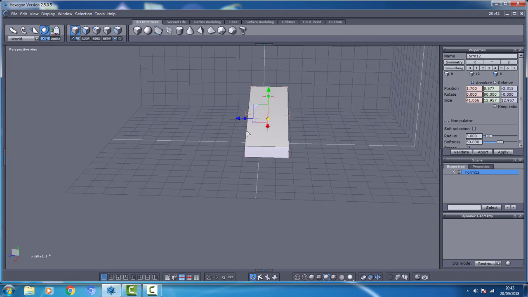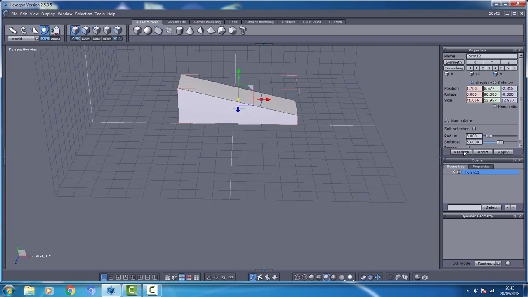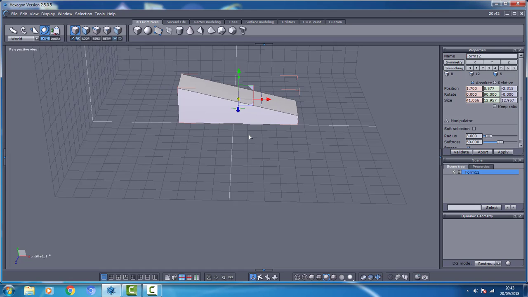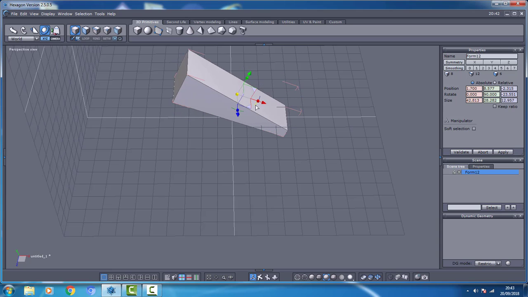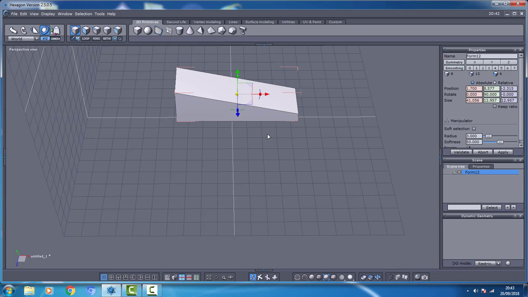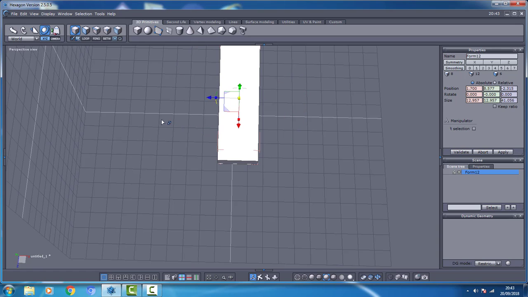So if I was to rotate in my 3D world to the front, so the blue handle's pointing at me, you can now see that you've got your car rotated the wrong way, and that's not ideal for modeling. Does that make sense? Yeah. So then what you would do is you would rotate it back to where it should be, and I'll explain these on these little handles. There you go.